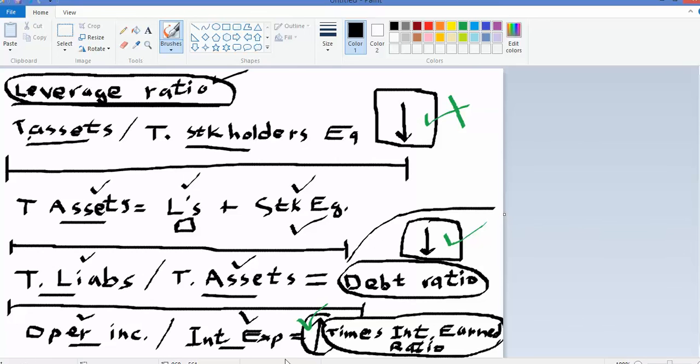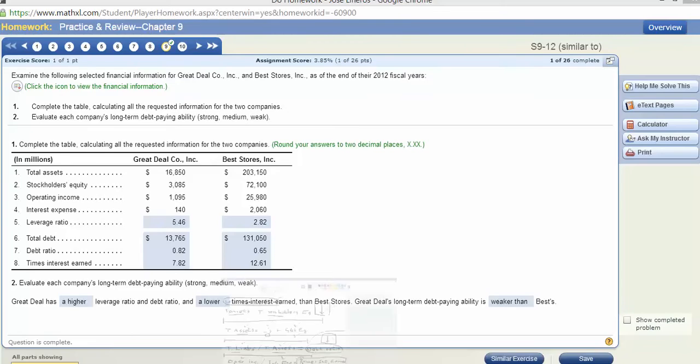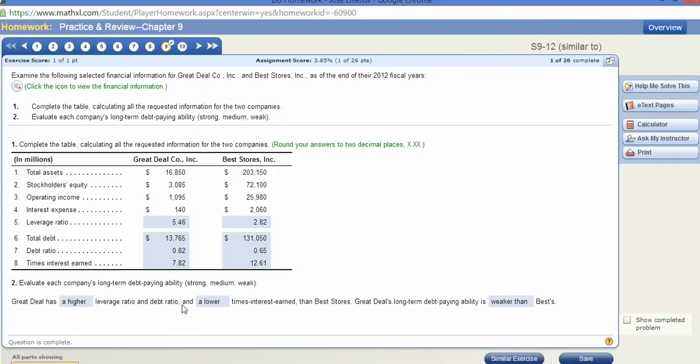So when comparing these two companies, Great Deal and Best Stores, what you notice right off the bat is that Great Deal's leverage ratio is higher. Remember, we want it to be lower. And the debt ratio is higher too, 0.82 versus 0.65.